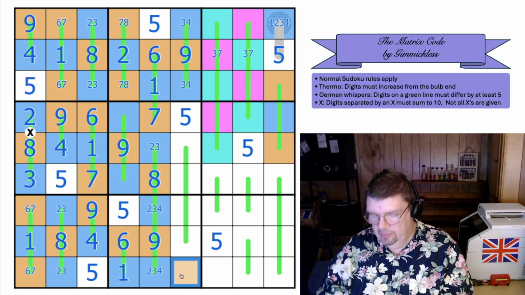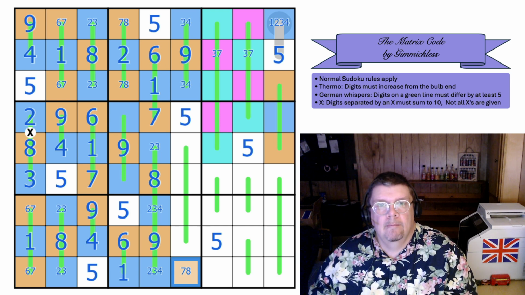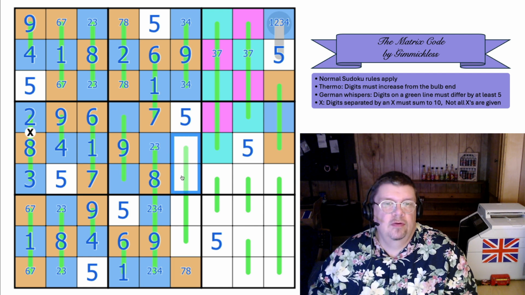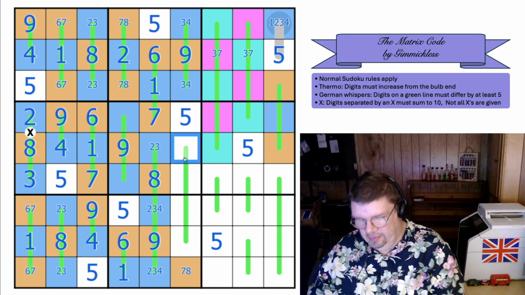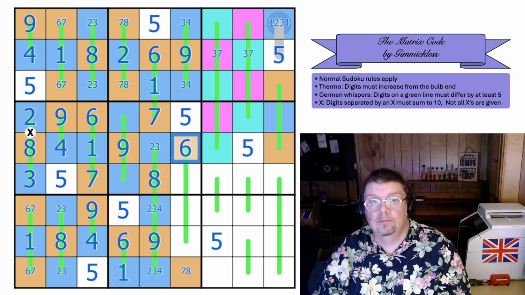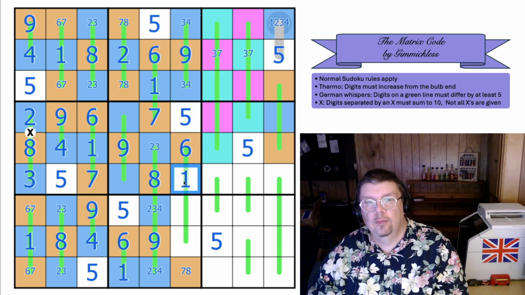That makes that 7 or 8. We need a 6 in one of those two, but it can't be there because that would then be a 1. In fact, it can't be there because those both be 1s. So that's the 6. That's a 1. That's a 1.